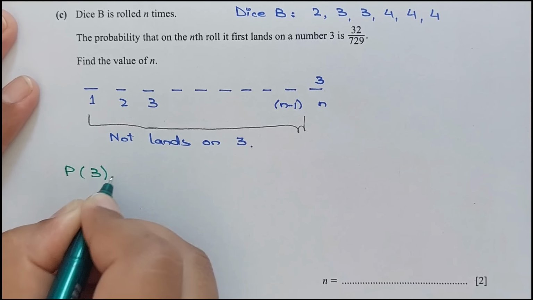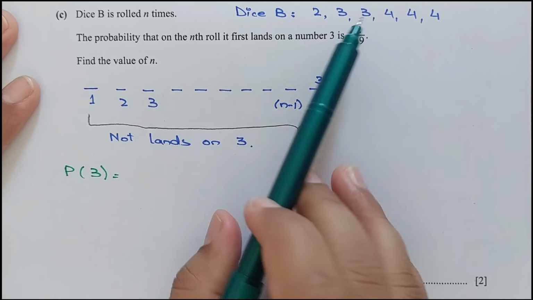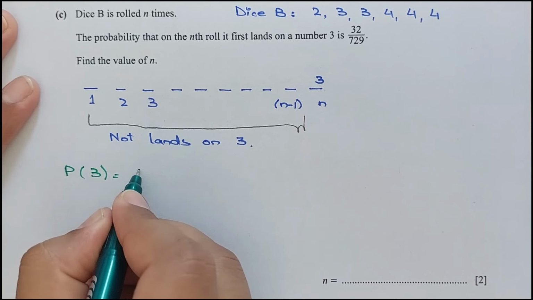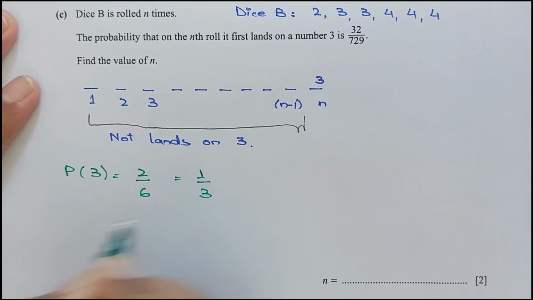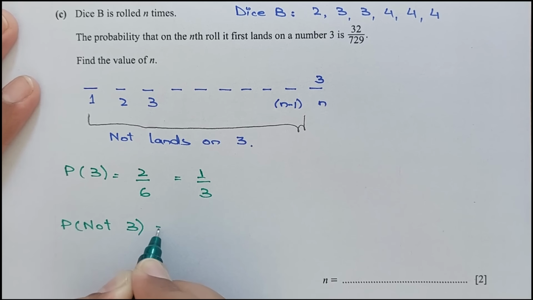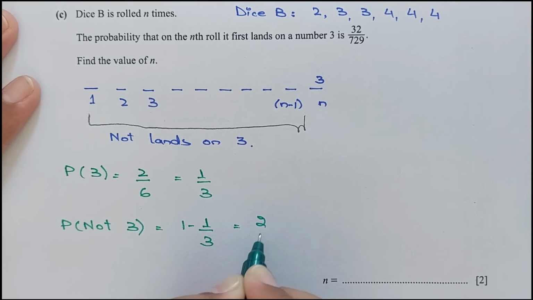What is the probability of landing on 3? There are 2 threes out of 6, which equals 1 over 3. And the probability of not landing on 3 is 1 minus 1 over 3, which equals 2 by 3. Now let me use this method.